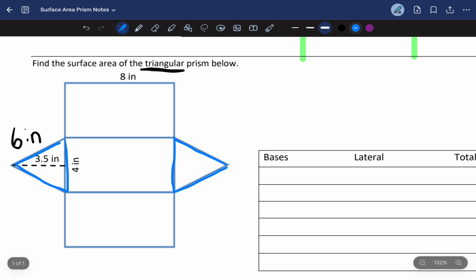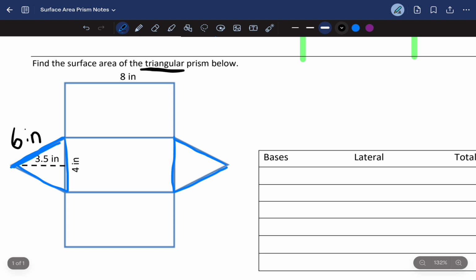We need one more number. So I just want you to write down that 6 inches right there, because it didn't tell us that the base of this triangular prism was an equilateral triangle. So I just went ahead and added another number. So put 6 inches right here, okay? So we're going to follow that same process where I'm going to label all the shapes first.